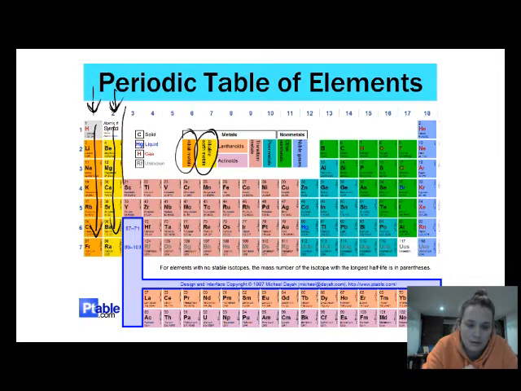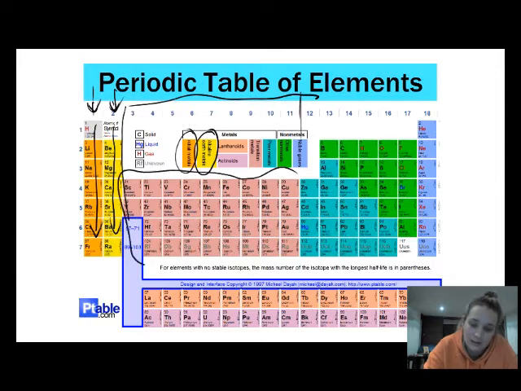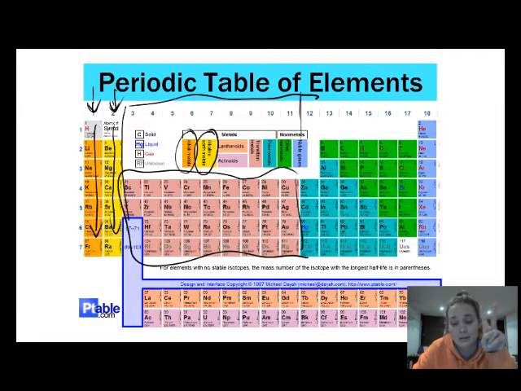Groups 3 to 11 here are my transition metals. Some guys in here are going to be magnetic. Some guys in here are not going to be magnetic. If I look at gold and copper, they're the only 2 transition metals that I have that aren't shiny and silver.